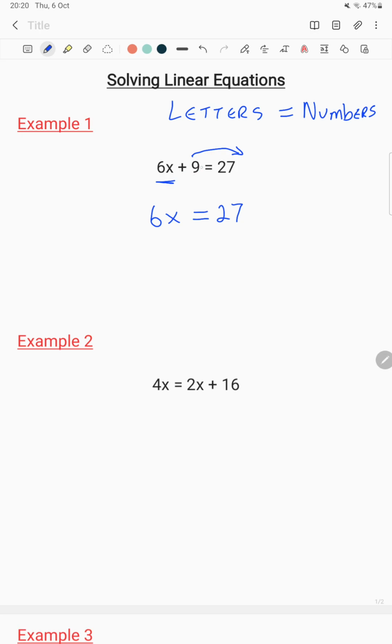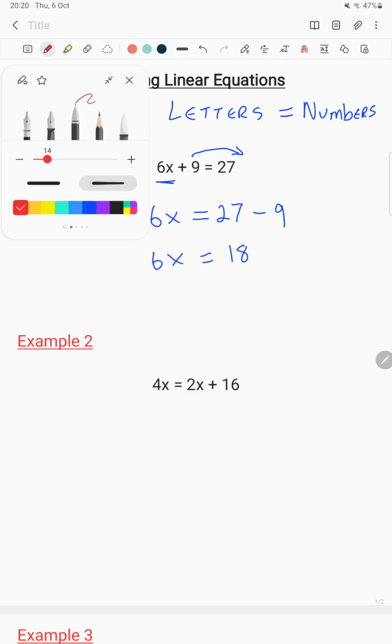Remember, when the plus 9 moves over an equal sign, it changes sign, so because it's a plus on the left, it's a minus on the right. So it's minus 9. Tidying that up, I'll rewrite 6x is equal to 27 minus 9, which is 18.